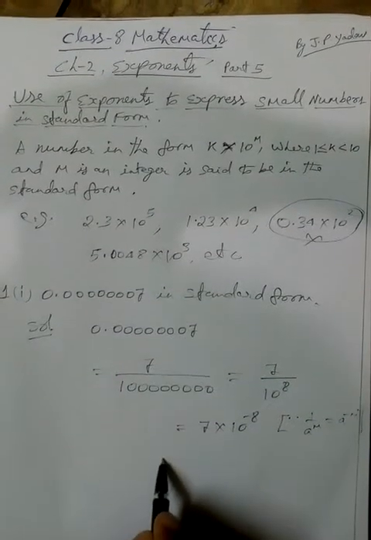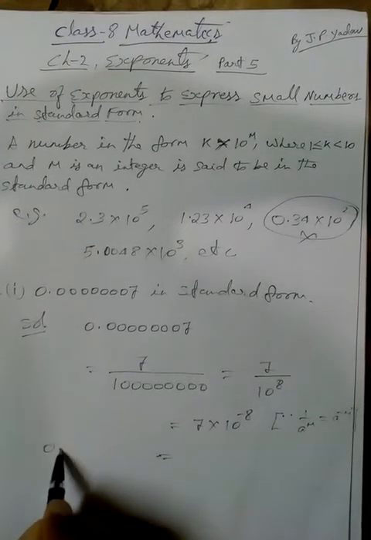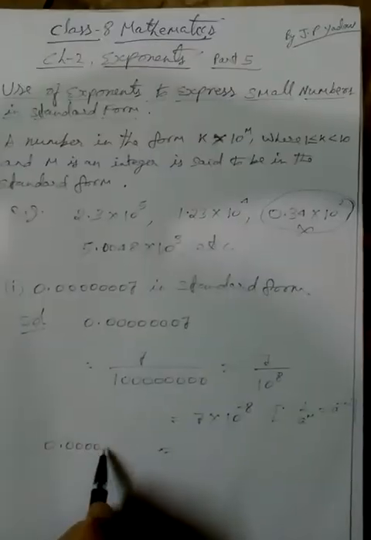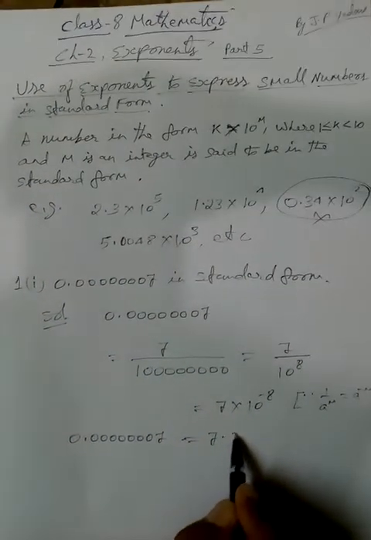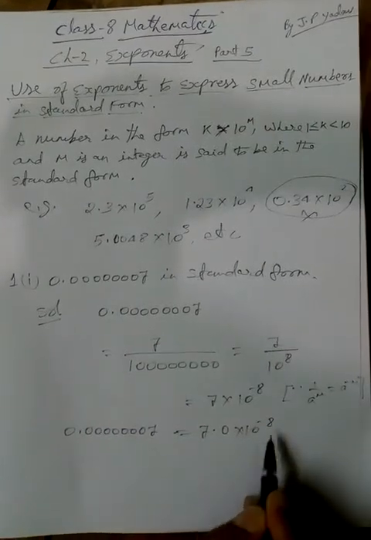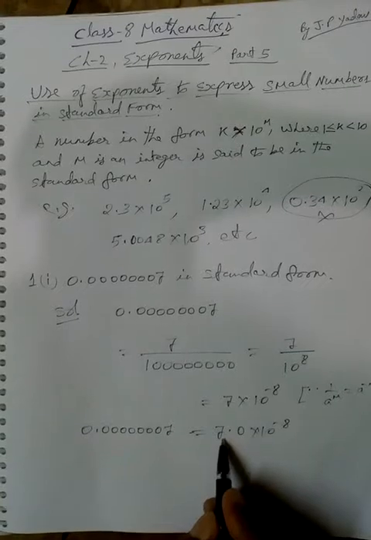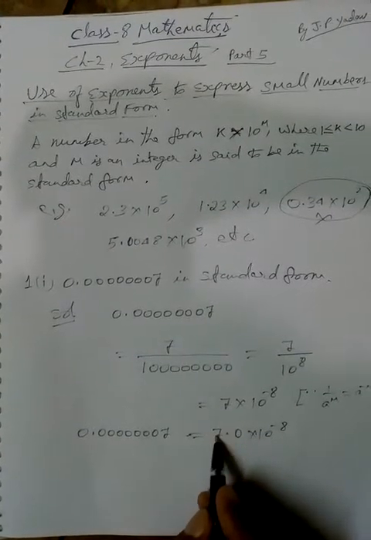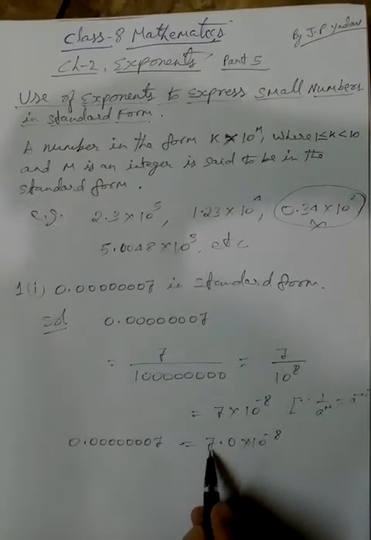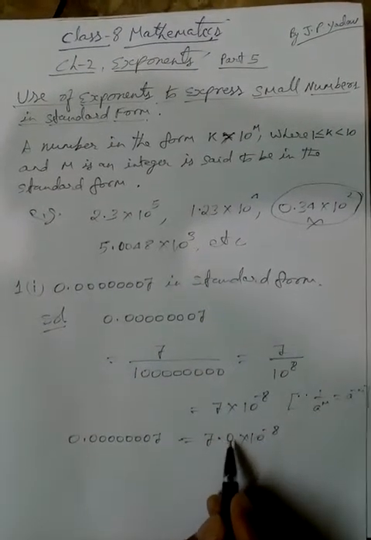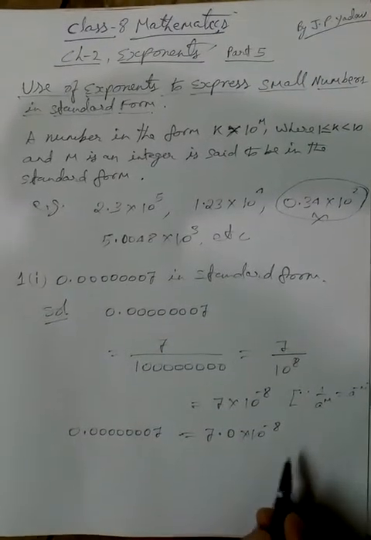Now still it is not in proper standard form. 0.00000007 can be written as 7.0 into 10 raised to the power minus 8. You should pay attention here, first, that there must be a decimal after one digit, and that digit must be greater than or equal to 1, and after that decimal there must be some digit, it may be 0 or any number.